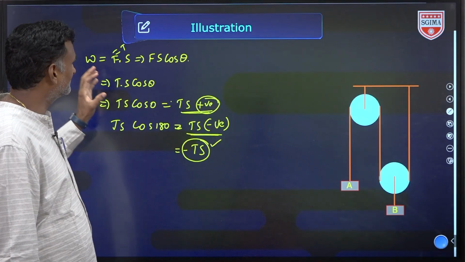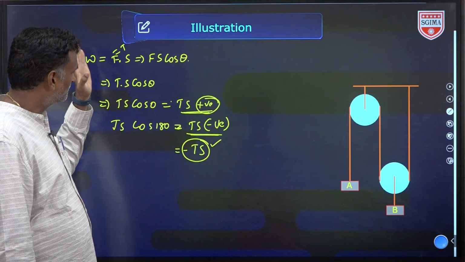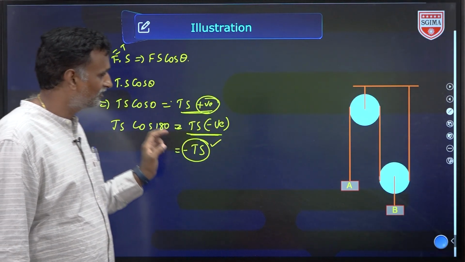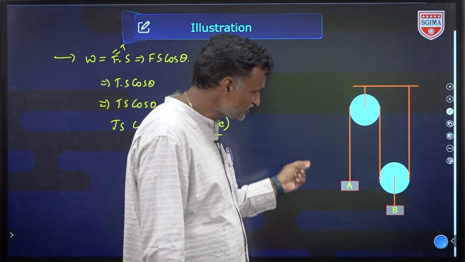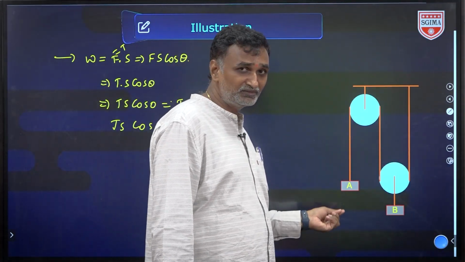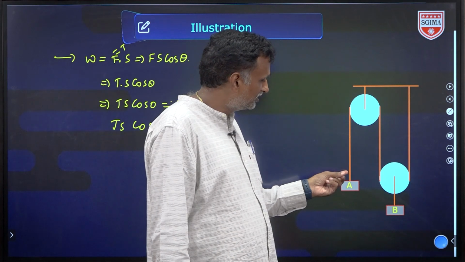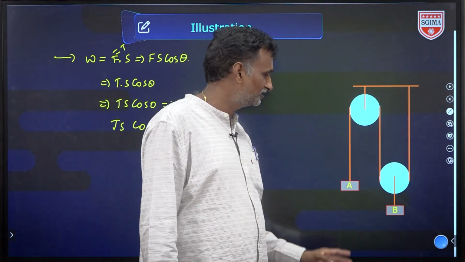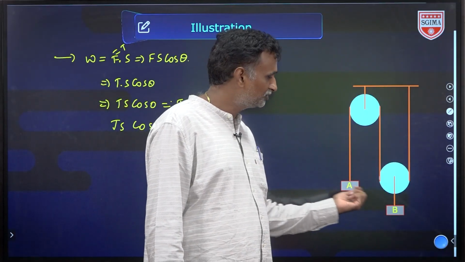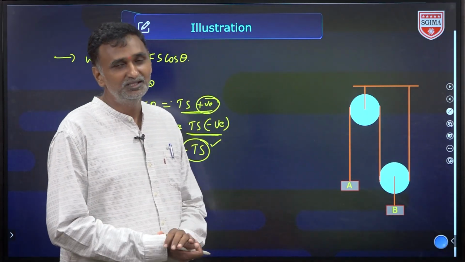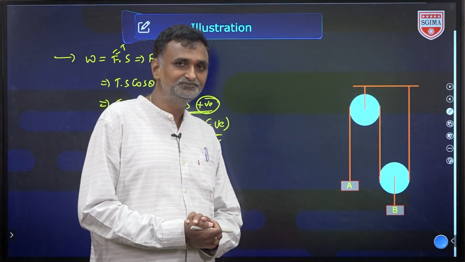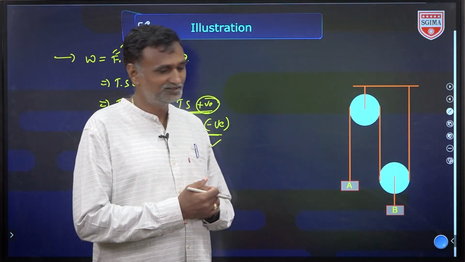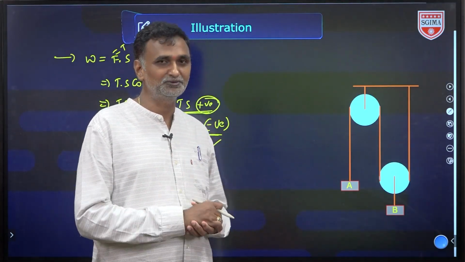Now one more point: the sum of work done by the tension on all the blocks of the system, here on two blocks, must be 0.